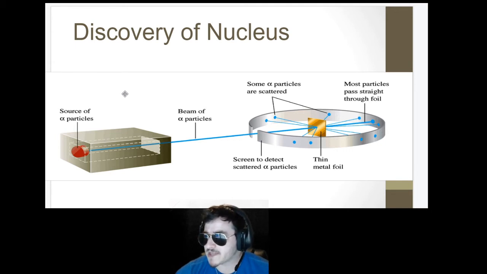However, what was unexpected is that roughly 1 out of every 8,000 shots that he fired, they ricocheted in very, very, very hard directions. Large angles. Well, that means they had to have hit something very, very dense. And not only that, because they ricocheted, that indicated that they did not want to be next to each other.